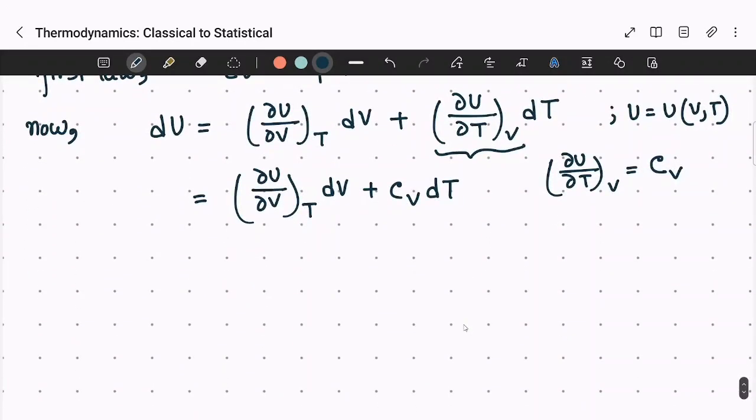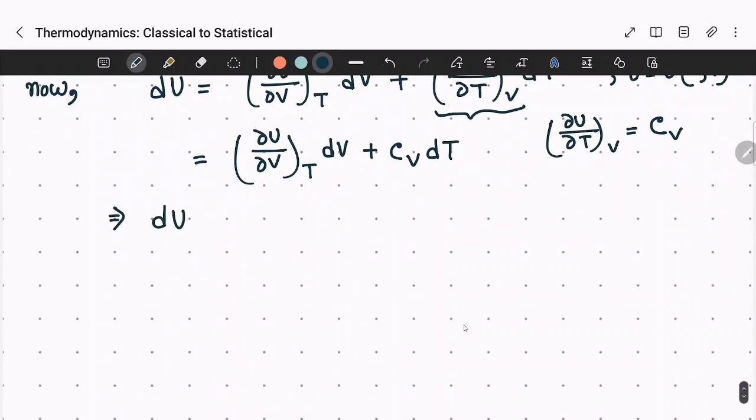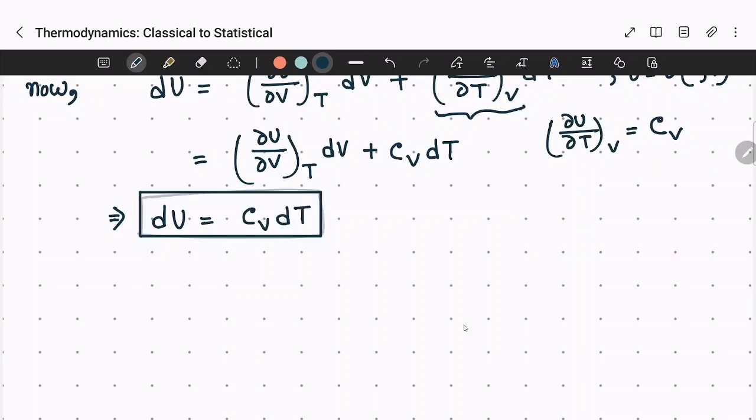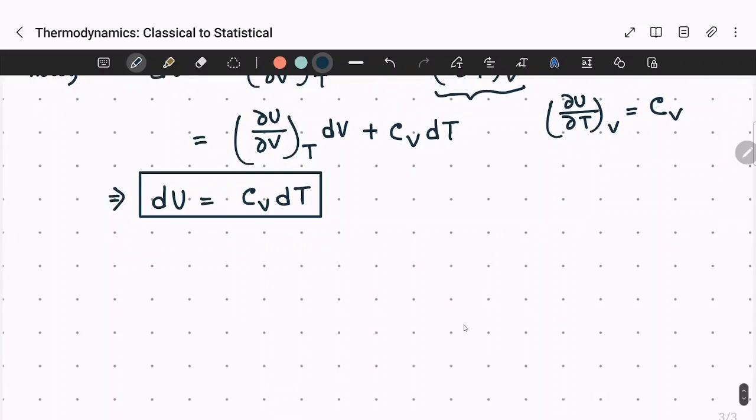So for an ideal gas, we can rewrite this equation as dU equals Cv dT. This is a very, very important lesson. This is a general equation, but for ideal gas only.